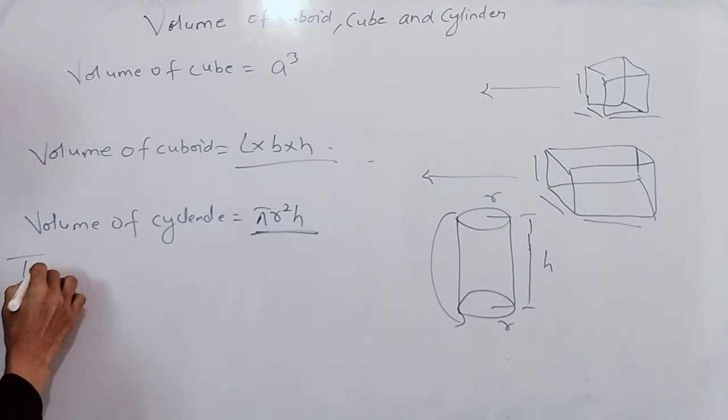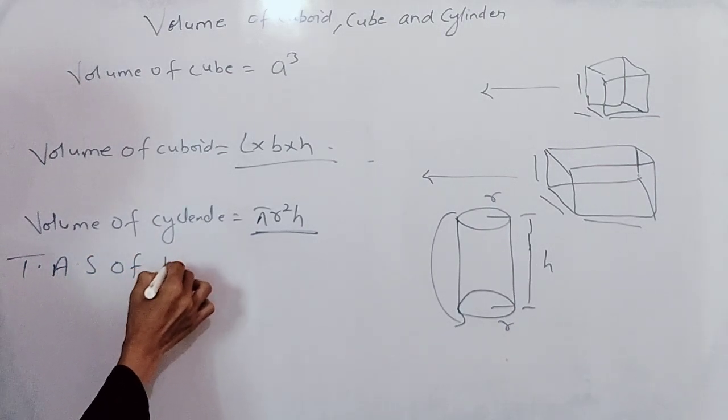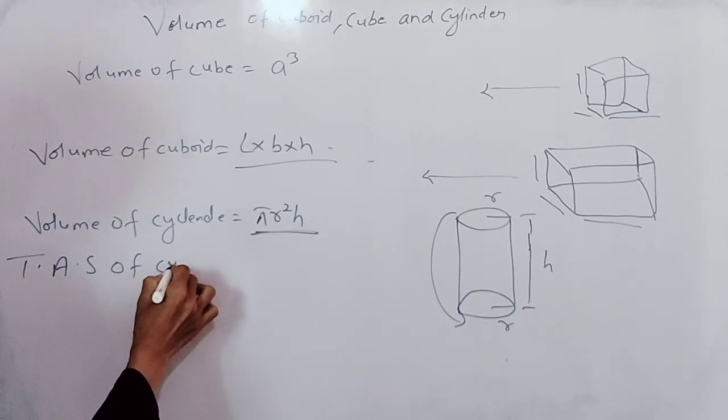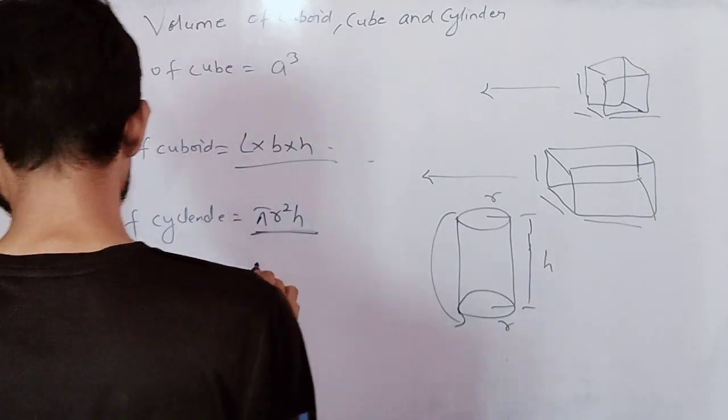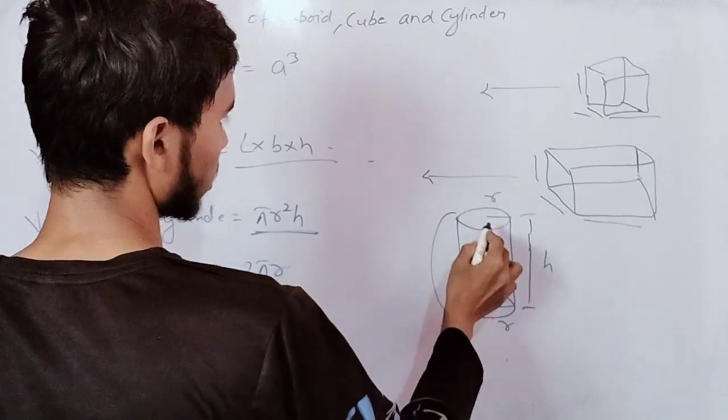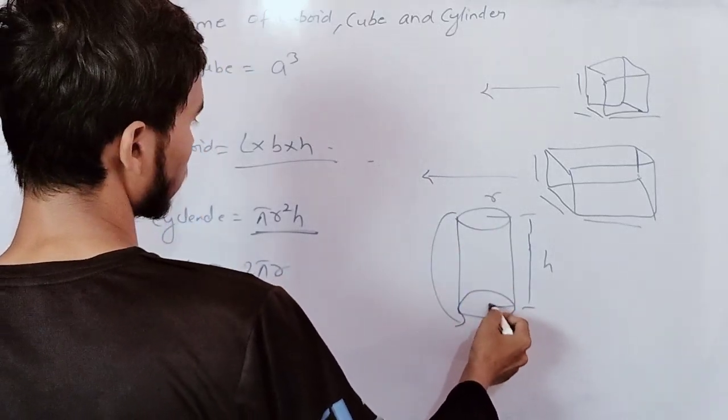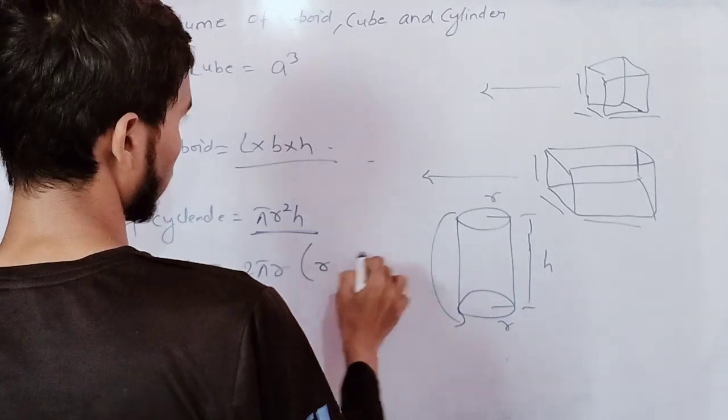Okay, but what would the total surface area of this be? Total surface area of a cylinder would be 2 pi r, and r plus h.